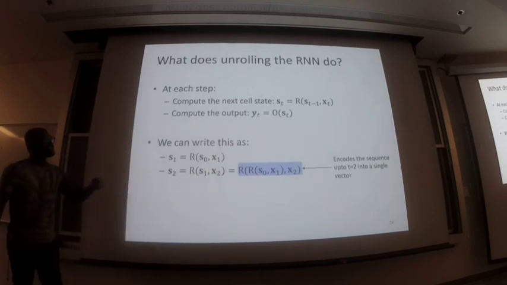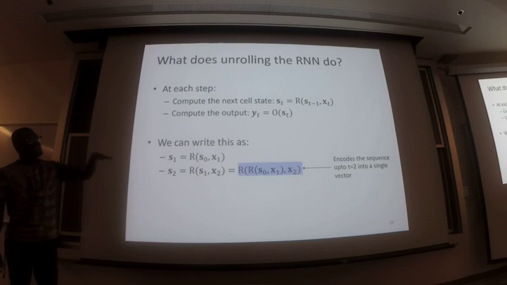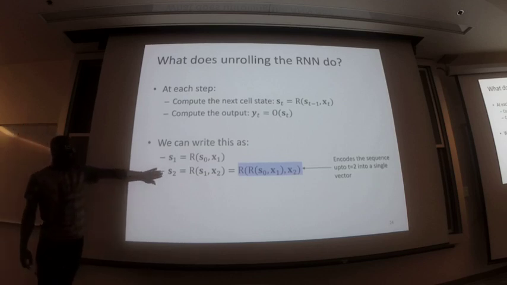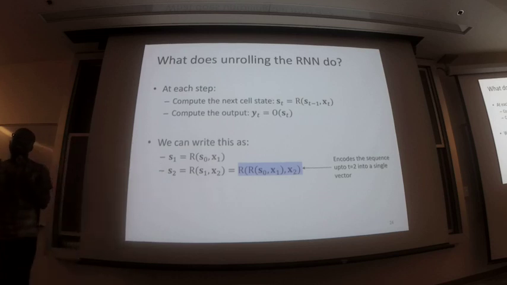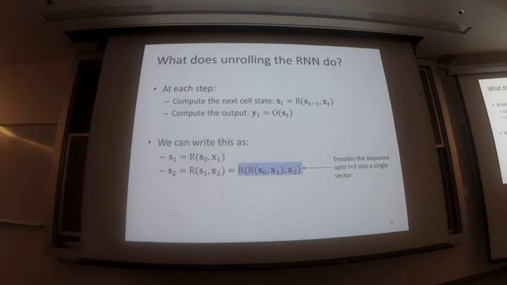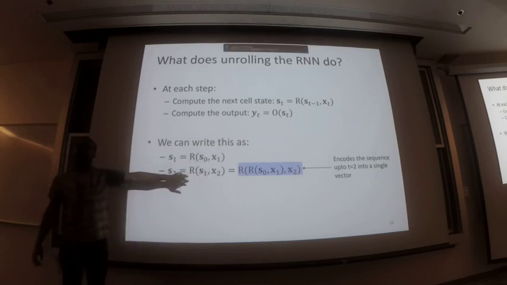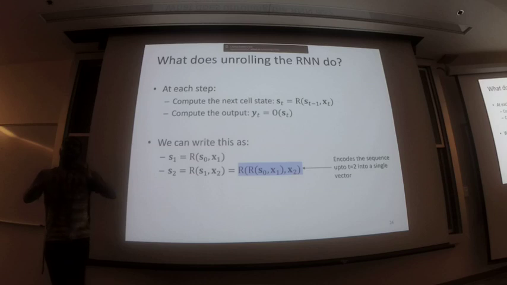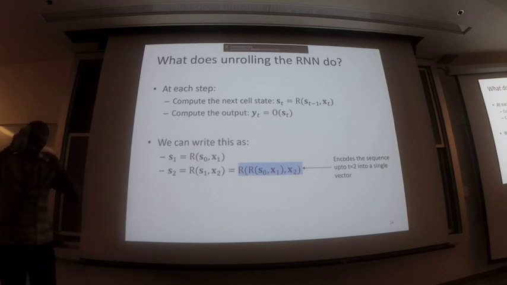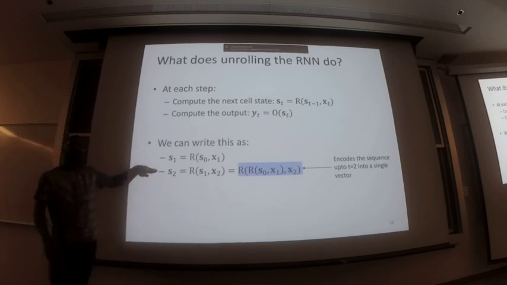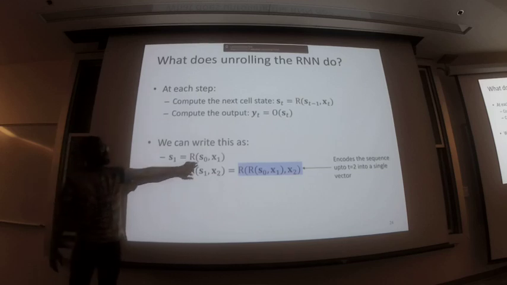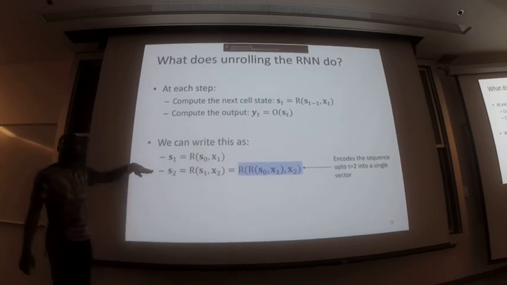Okay. So at t equal to 2, this vector here is basically a summary of the inputs X1 and then X2. So in the future, all that the network will see or will remember is just this vector. So you have summarized X1 and X2 into just a vector.